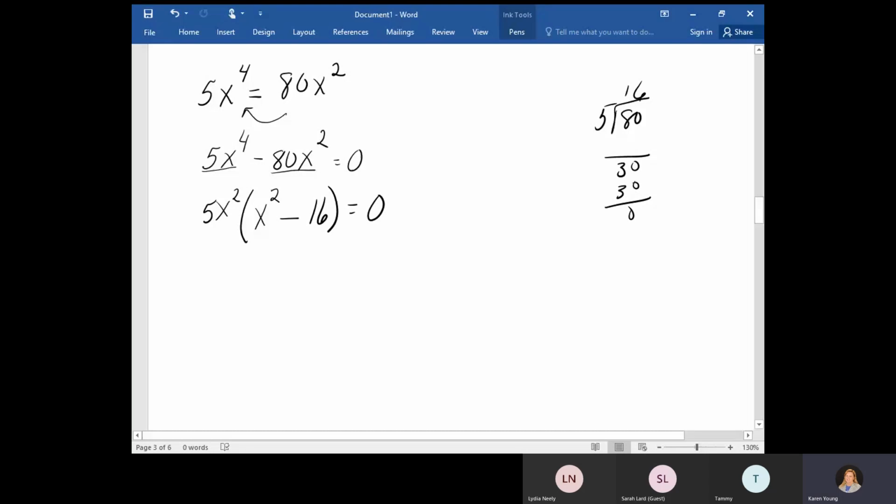Okay. So I'm going to set both factors equal to 0. So I'm going to have 5x squared equals 0, and then I'm going to have x squared minus 16 equals 0. Now, there's something special about that x squared minus 16. Does anybody recognize what's special about it? Perfect square.